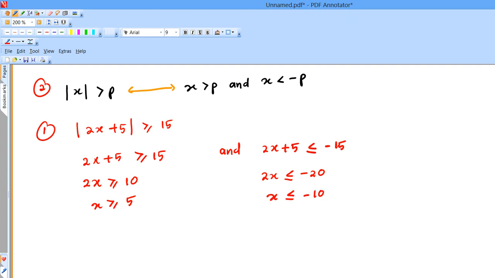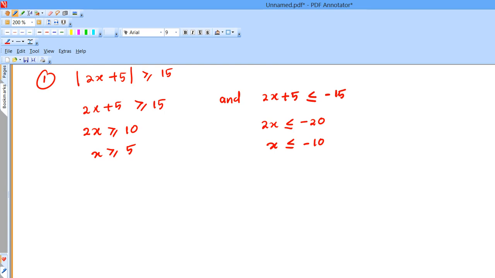And then we can write the solution: x ≤ -10 or x ≥ 5.